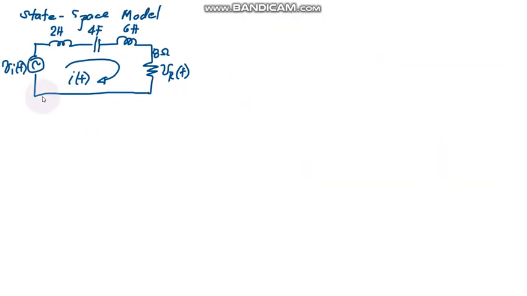Okay, for the same problem, our RLC circuit, example 2, let us solve the state space model. So first, we're going to identify our state variables, and of course let us use the same state variables to be Q of t and I of t.